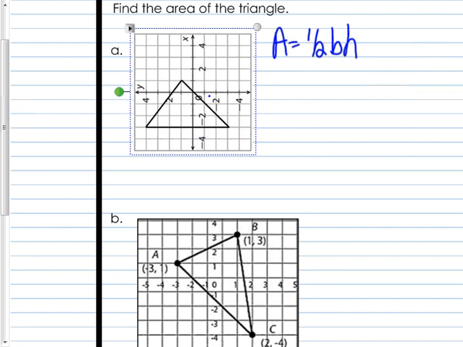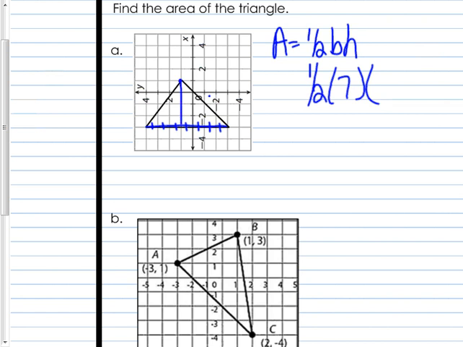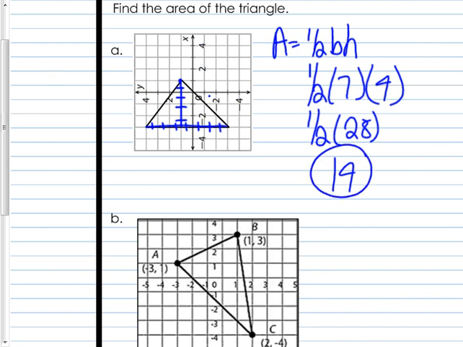So if I turn it, it's easier to see that this is the base. 1, 2, 3, 4, 5, 6, 7. So a nice straight line is the base. And then I can count the height from one vertex down. It's perpendicular. 1, 2, 3, 4. So 1/2 of 28, and voila, 14.